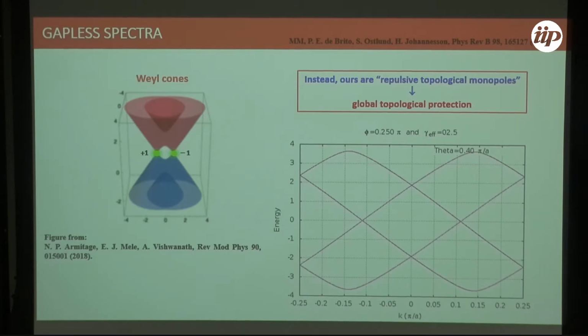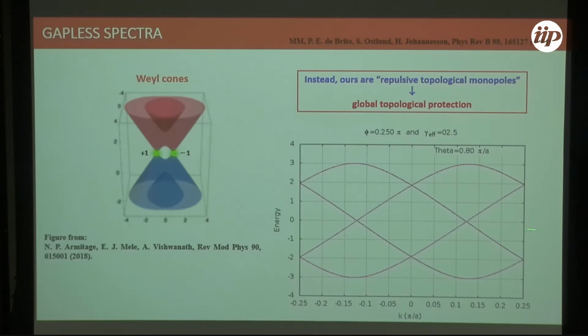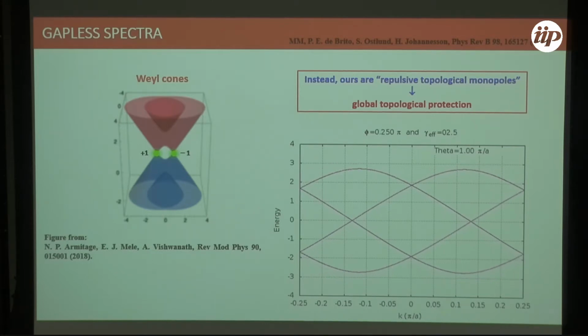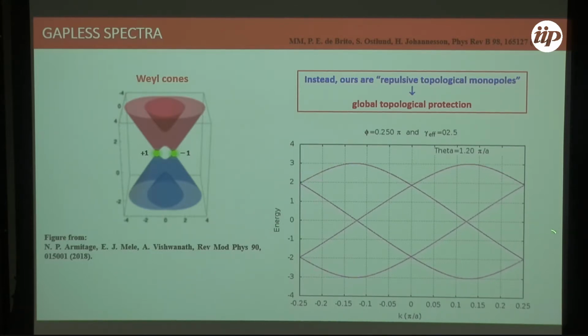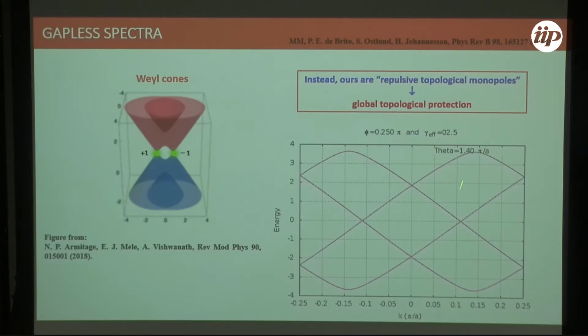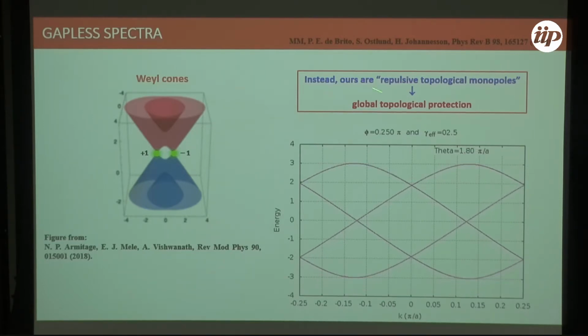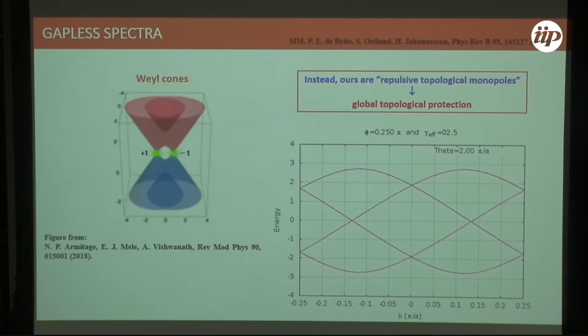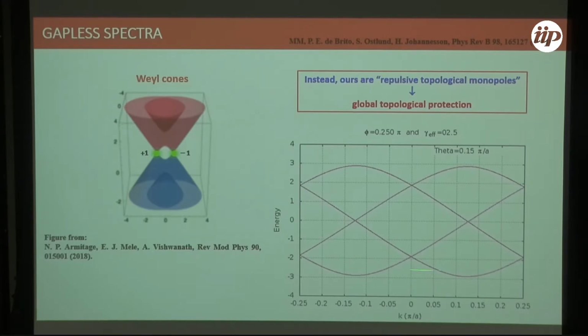It's like they are repelling the center of the Brillouin zone, and the extremities of the Brillouin zone are actually forbidden places for these monopoles. They never meet up here and annihilate due to this repulsive character of the topological monopoles in this case.